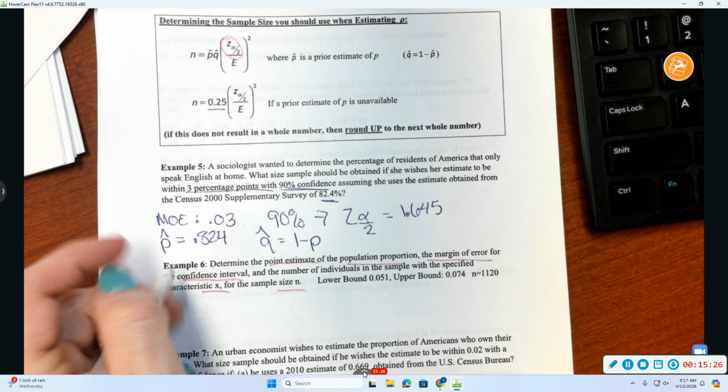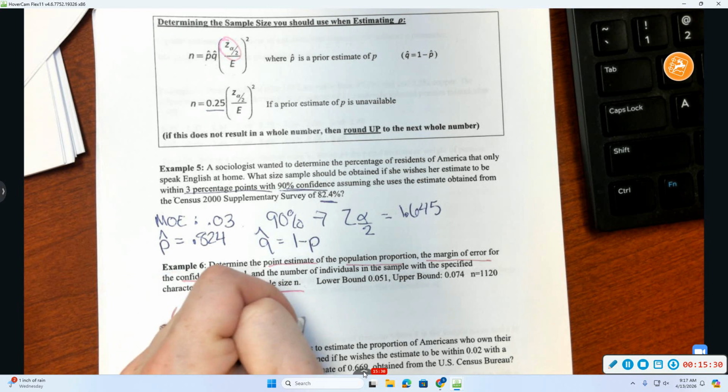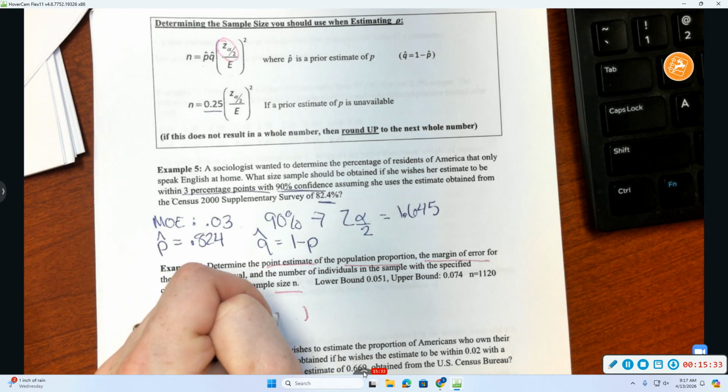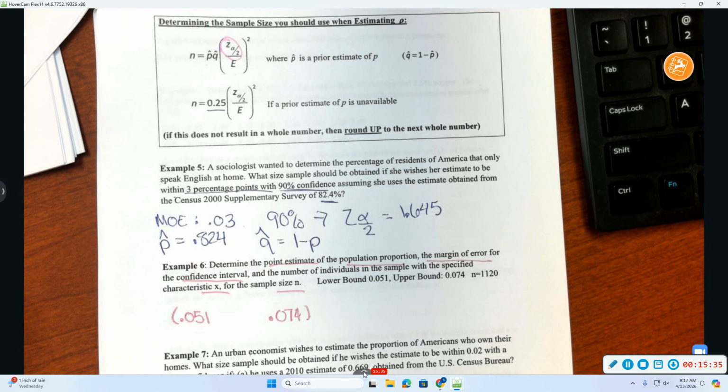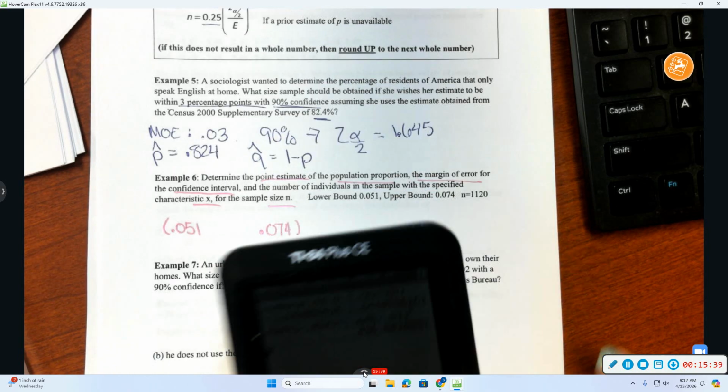So, if my lower bound is 0.051 and my upper bound is 0.074, how far is that between them? And we want to know what halfway is.